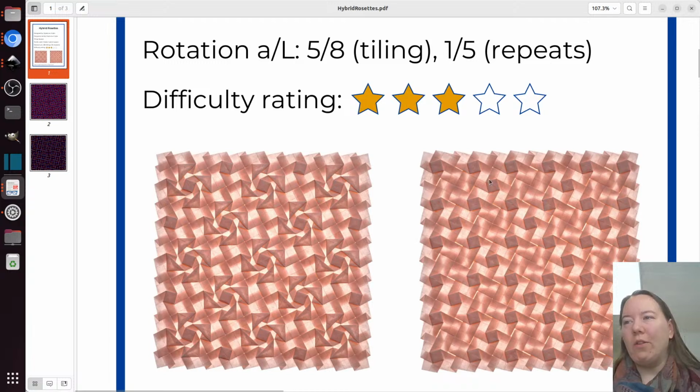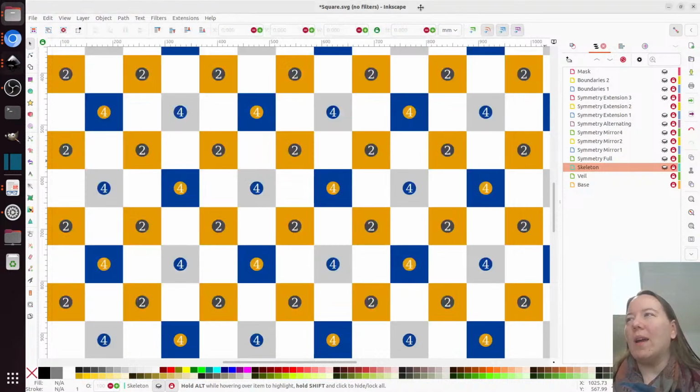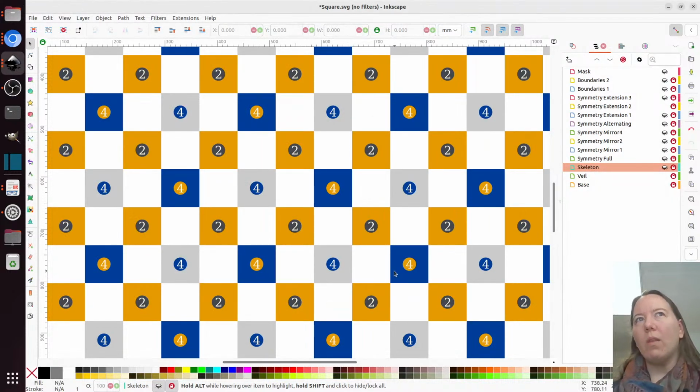It would be alternating closed squares on opposite sides of the paper pattern, except for those hybrid squares. So that's what's going on with hybrid rosettes. That's how we can tie it all back into the square tiling, into those branching decisions that we had.